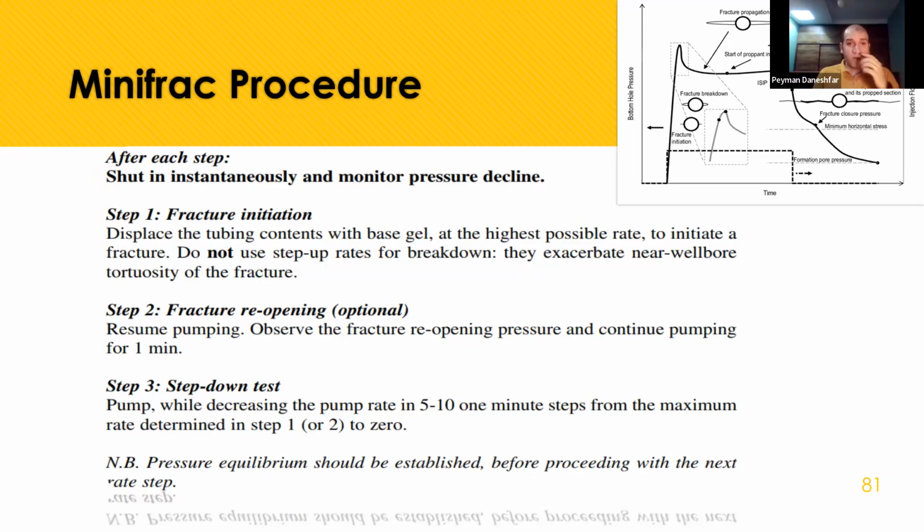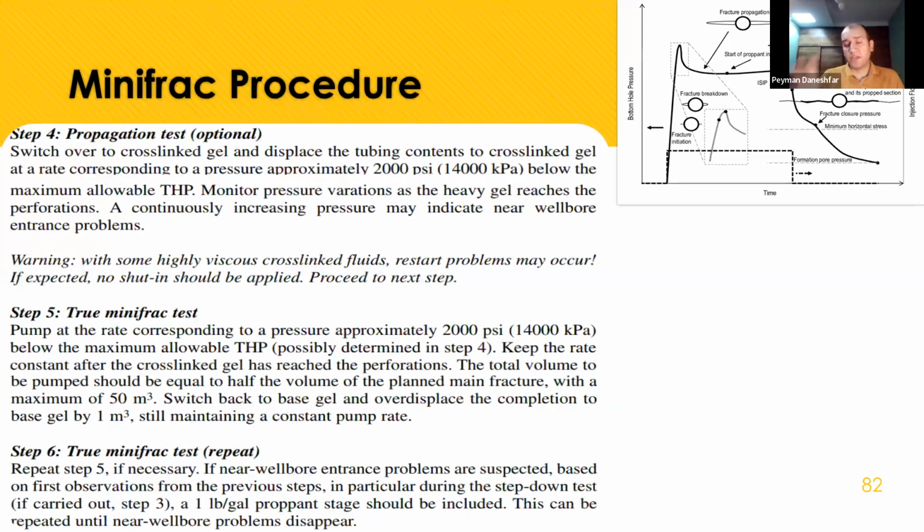And again, for the step down test, pump while decreasing the pump rate in 5 to 10 one-minute steps from the maximum rate, depending on steps 1 or 2. You can see this curve for the Mini-frac test.